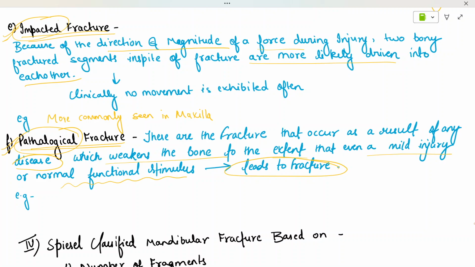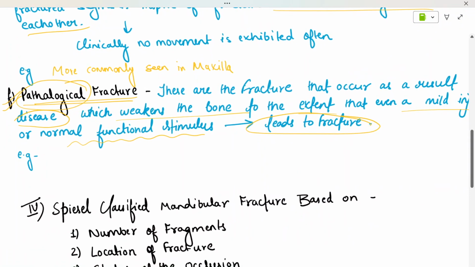There are certain diseases under this that I can write here. There are certain generalized skeletal diseases, and there are certain localized skeletal diseases that cause weakening of the bone.